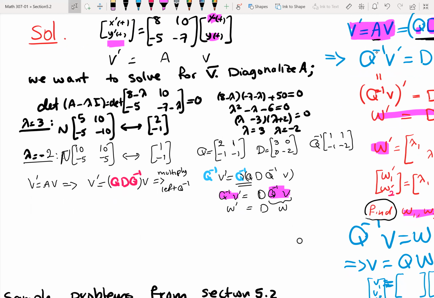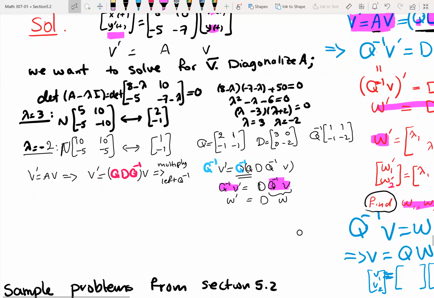The whole goal is to make it so that if we get W, we have the V. So W prime is going to be D times W.